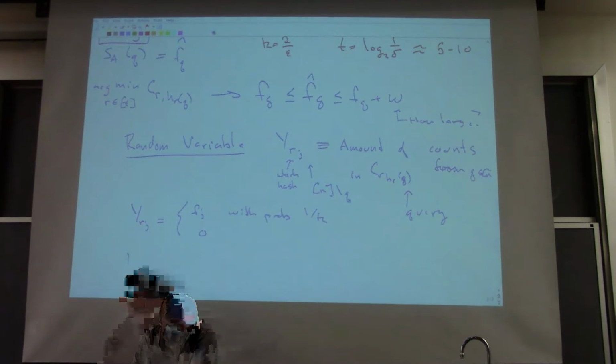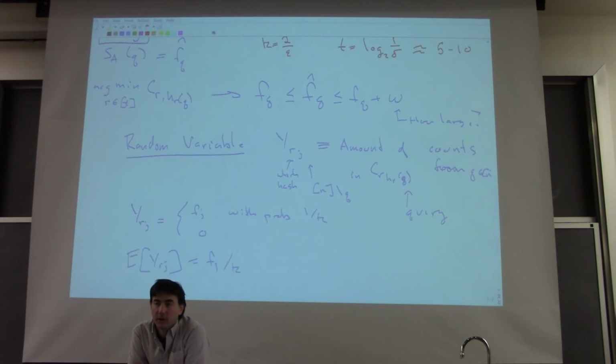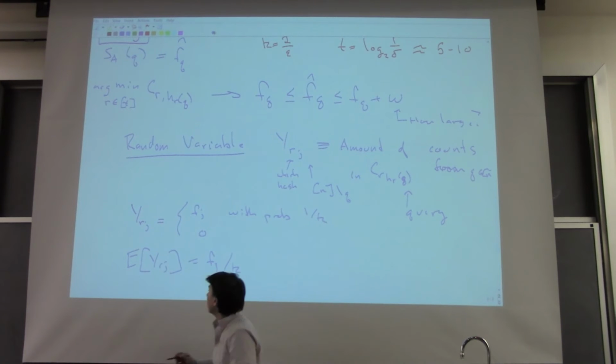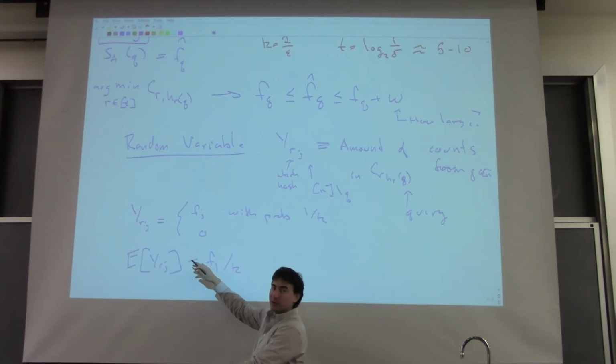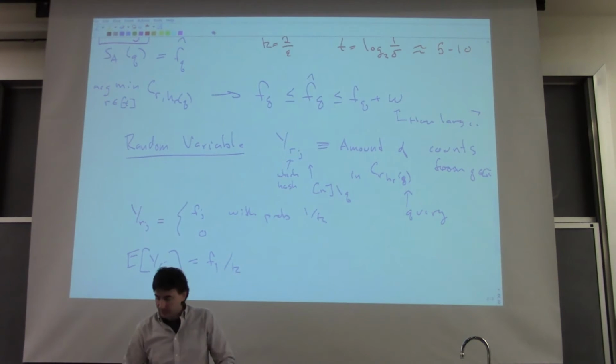So that means that the expected value of Y_rj is going to be f of j over k. For any other address I see other than my own IP address, the expected effect on my counter is going to be the total number of times this IP address occurs divided by k, because that's the probability it collides.